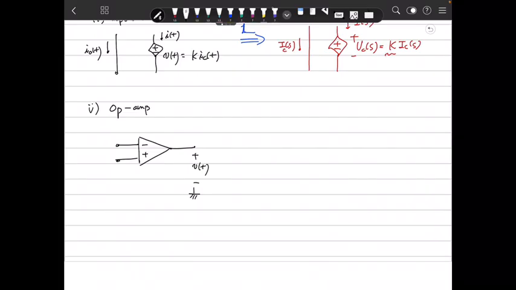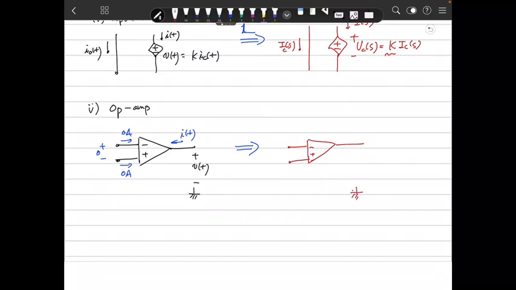Then we have some assumptions. What are those? The voltage difference is 0 volts, and this current is 0 amperes, this current is 0 amperes, and if this is i(t), then it can be represented in the same manner in Laplace, with minus and plus.